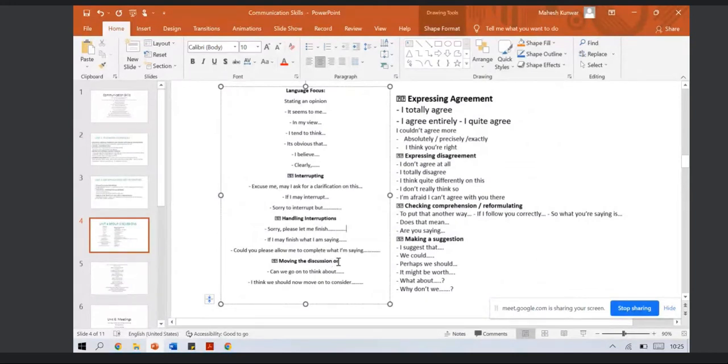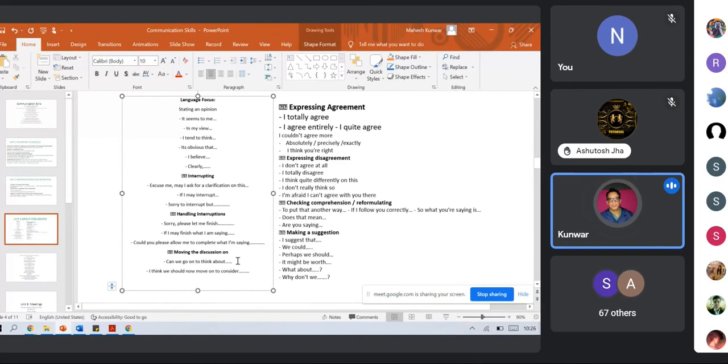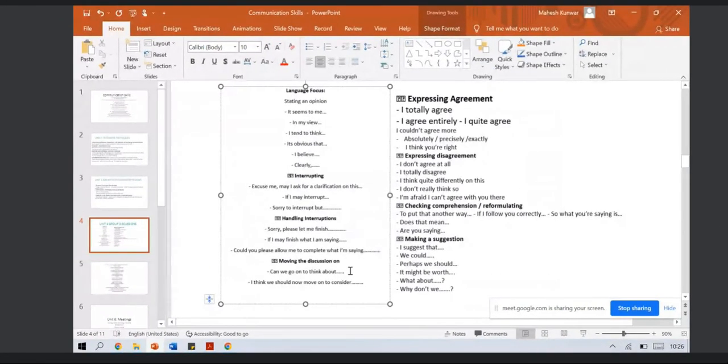Moving the discussion forward: while the discussion is ongoing, at that time you can start your sentences like, "I think we should now move on and consider the agendas already discussed."